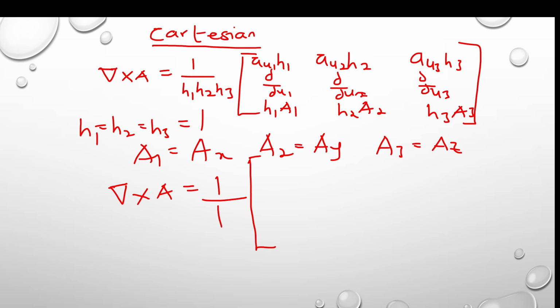Okay, so since you are considering the Cartesian, our coordinate systems U1. Okay, so let's write that one to here. So on top here we have AU1. So we are going to have AX multiplying H1, which is 1, right?